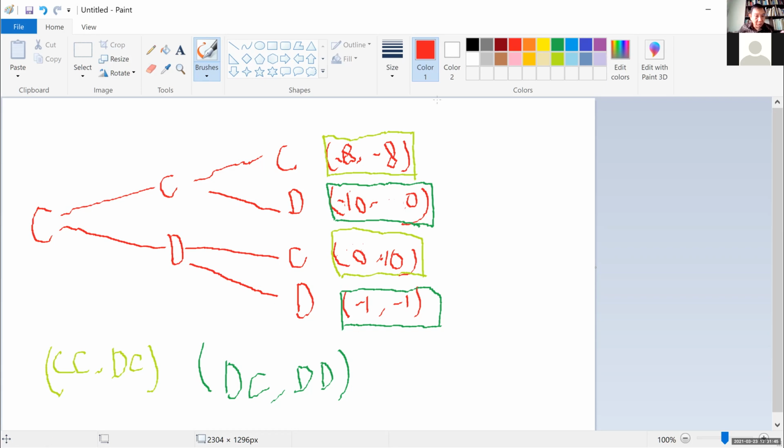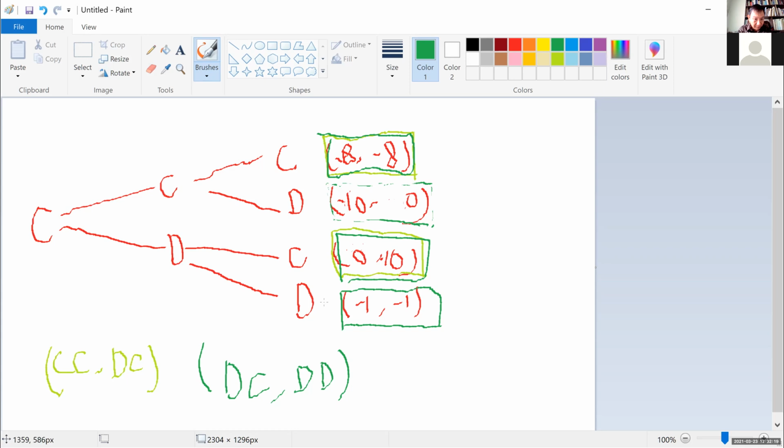Now assuming column plays first, what is the decision of the row? Between minus 8 and minus 10, you will select minus 8. So CC is the one, right? And then between 0 and minus 1, you will select 0, correct.